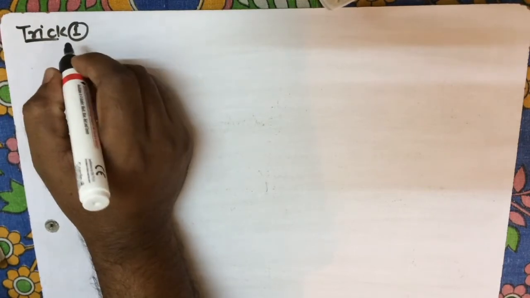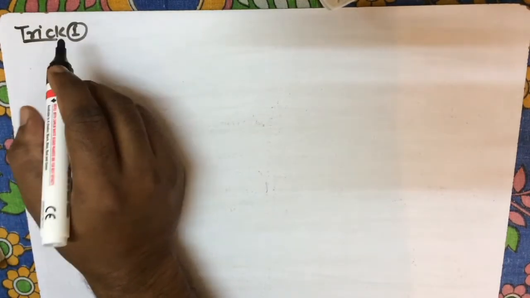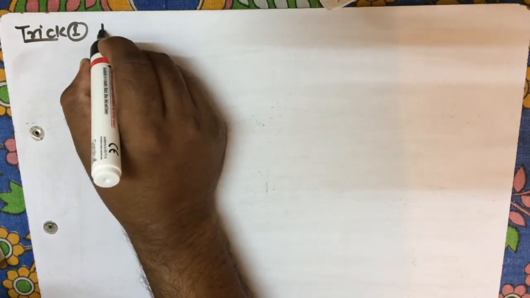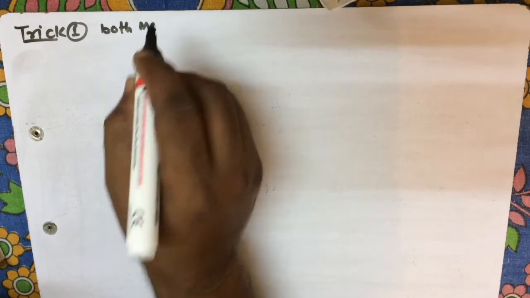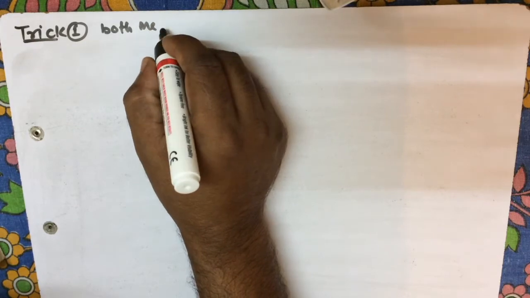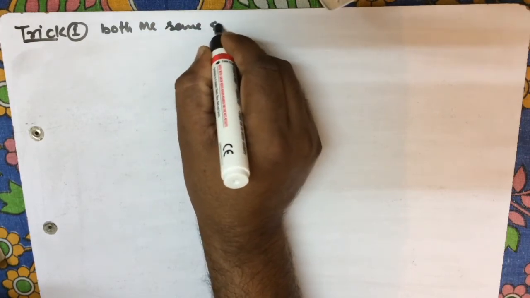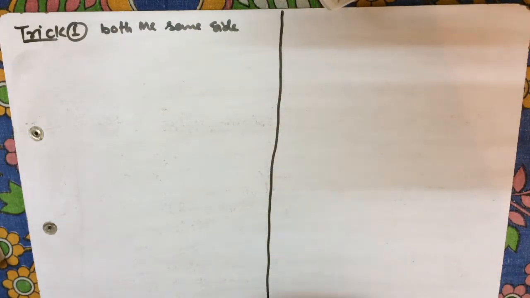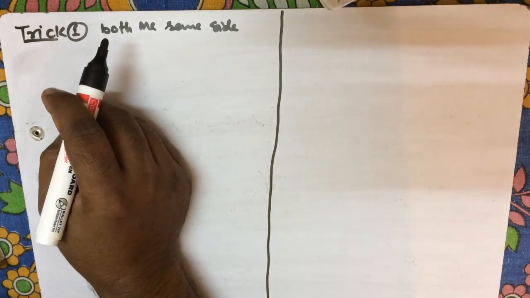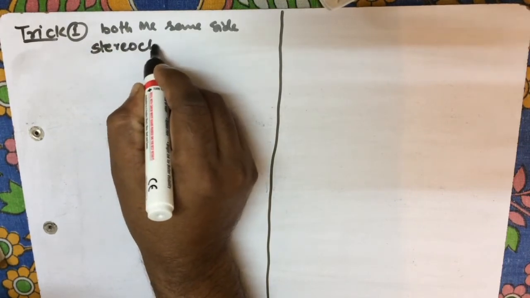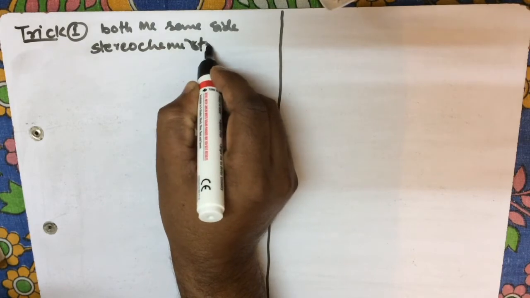Trick one. What does trick one say? Trick one says if both methyl groups are basically attached on the same side, then the stereochemistry would be the same.